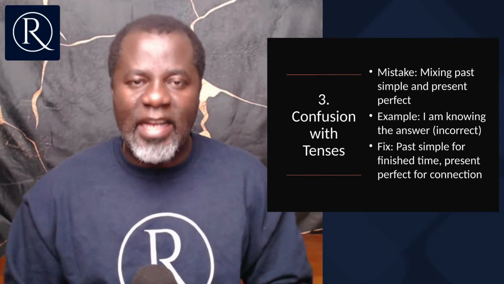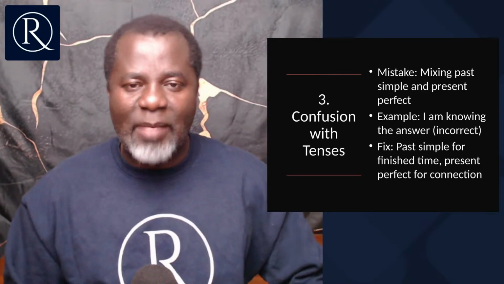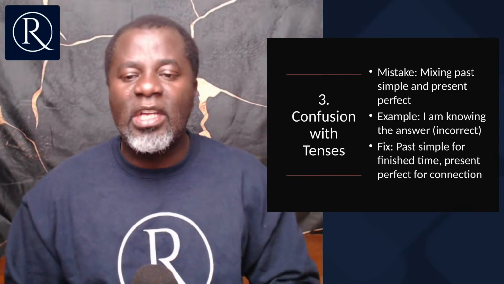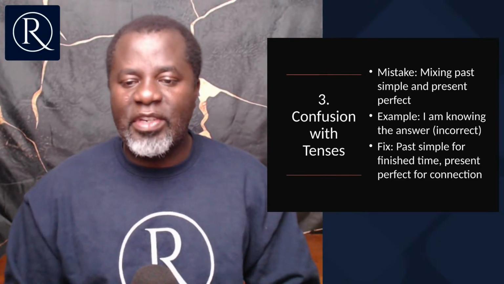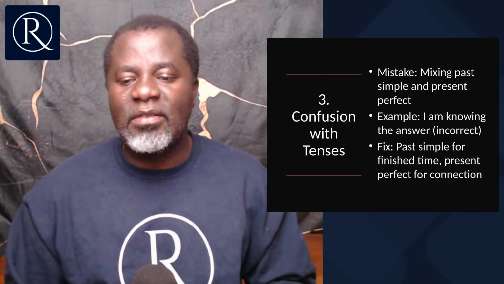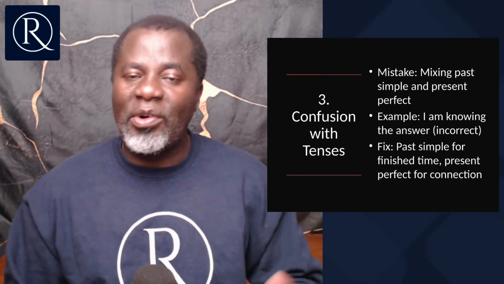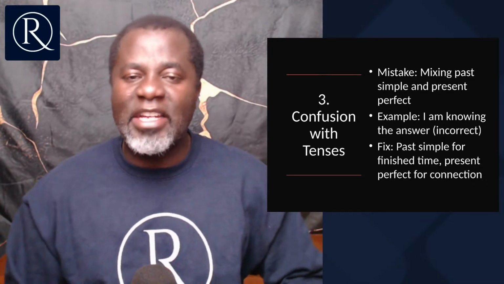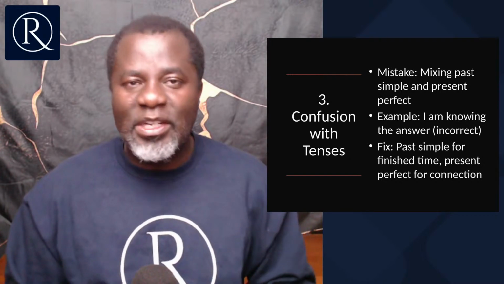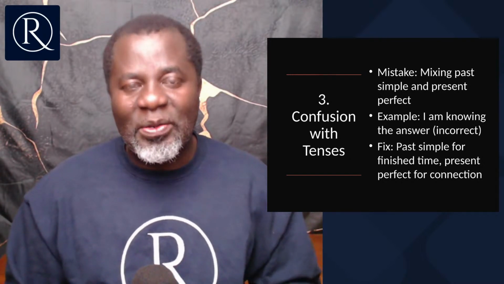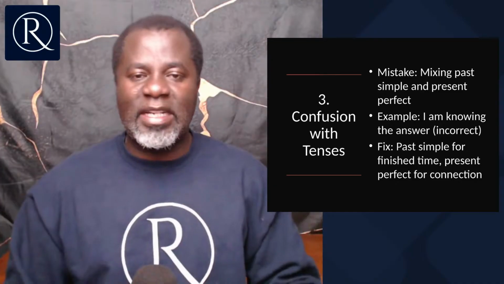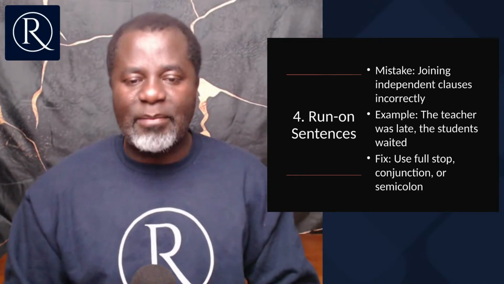But if you say I ate, it's a different situation. It happened in the past and it has got no connection to the present. So to fix that, past tense is really for finished actions, or for the time that happened in the past and everything remained in the past. Present perfect is for using the past to connect to the present, as I've explained in the example.